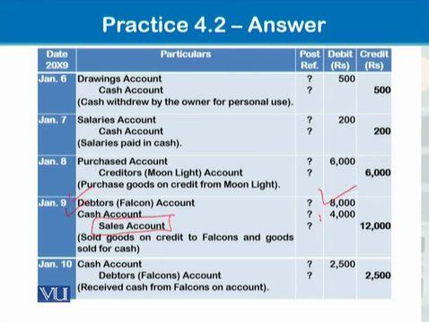For credit, debtors debit, and for cash, cash debit and sales credit. I trust you can understand this compound entry very well now. But remember that sum of debit is equal to sum of credit.